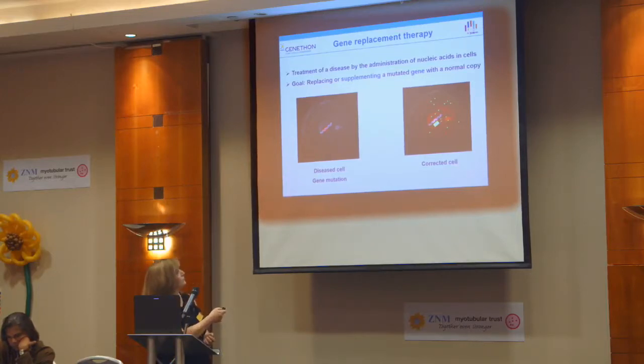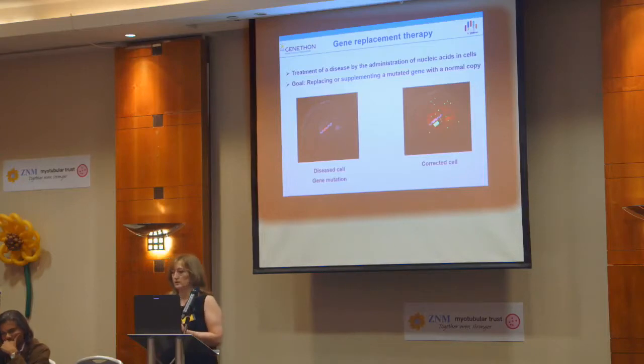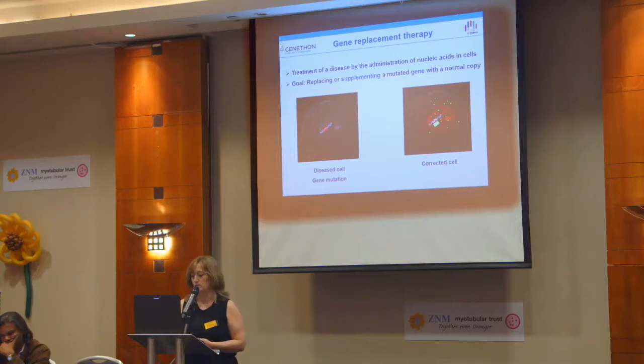So you see here, we want to give a normal copy of this gene, with no misspellings. This is exemplified as a small piece of DNA in green. This piece of DNA will allow the cell to produce the missing protein. You can see here the dots. These proteins are essential for the good functioning of the cell, and in particular, the muscle.